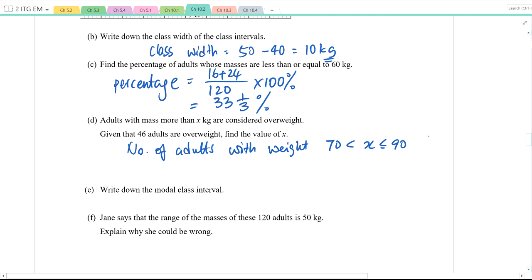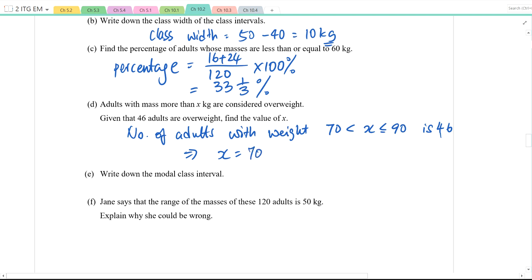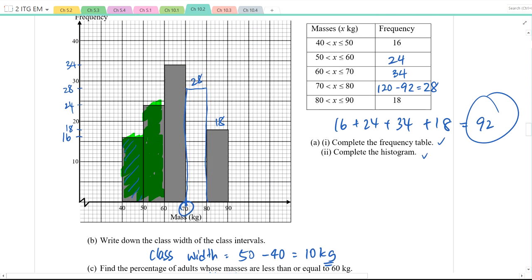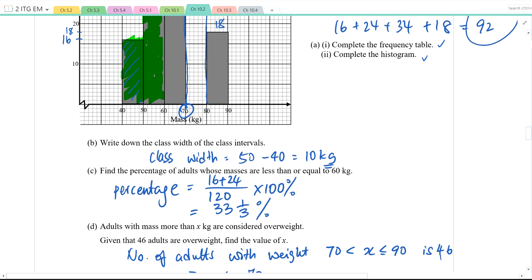So the number of adults with the weight in this range is 46. So these are the 46 who are overweight. So x must be equal to 70. Write down the modal class interval, so that will be the highest, between 60 to 70.